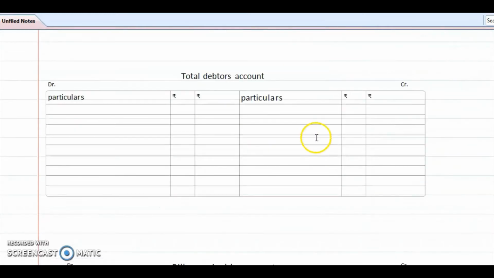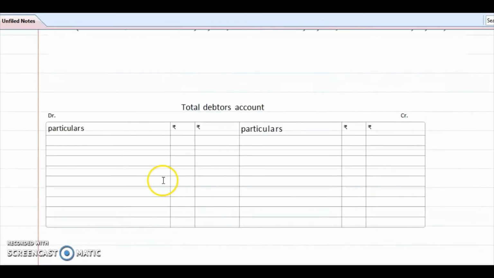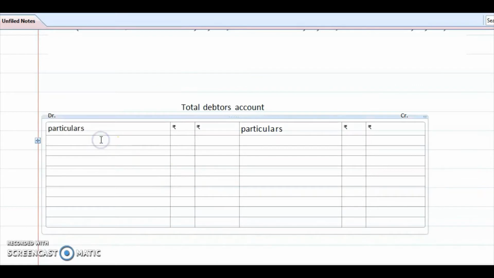Okay, let's solve the problem. Two accounts we have to open, the debtors account as well as the bills receivable account. As usual, debtors opening we write on the debit side. To balance brought down. Next, what are the items that will come here?